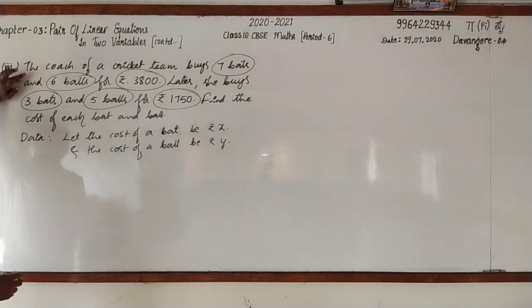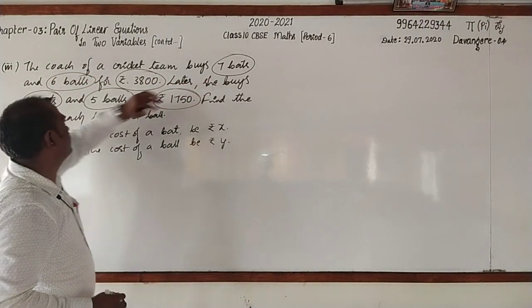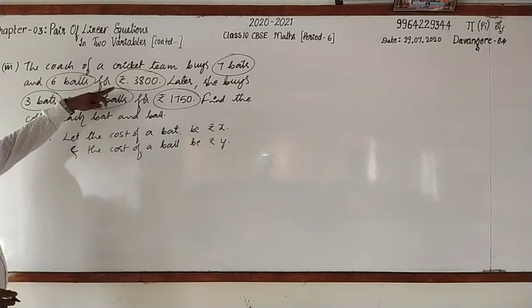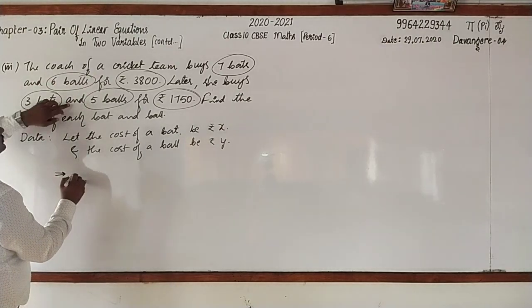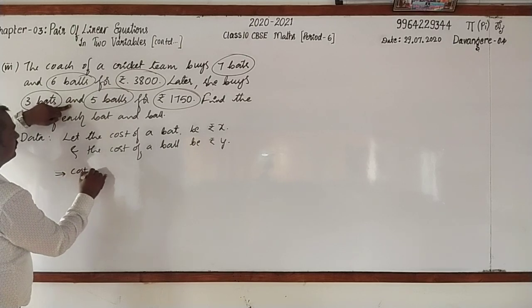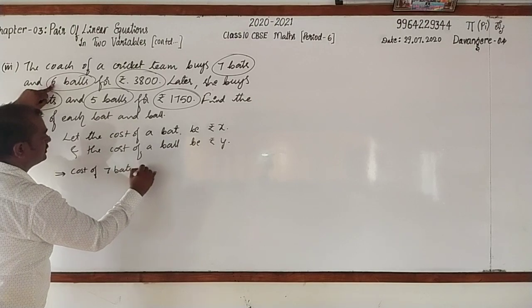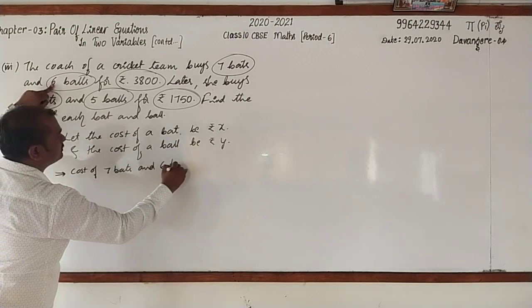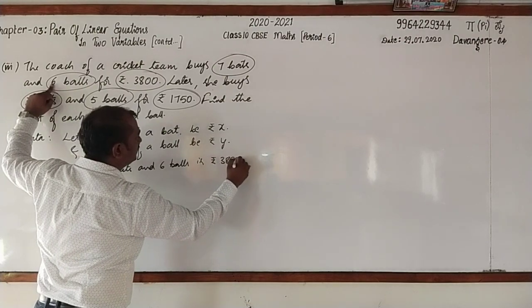Then go through the given statement. The coach of a cricket team buys 7 bats and 6 balls for rupees 3,800. Here I'll write: cost of 7 bats and 6 balls is rupees 3,800.